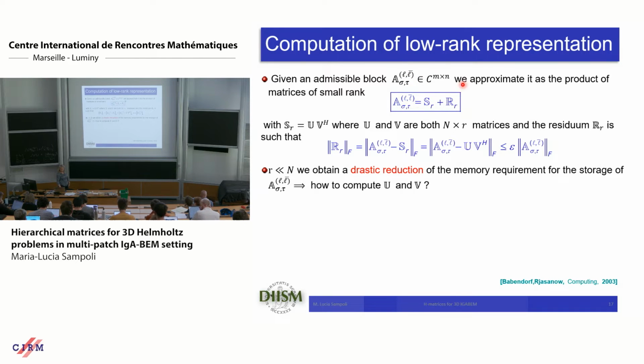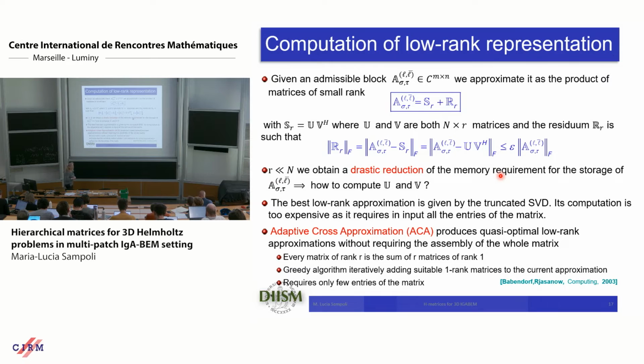This means that it is equal to a matrix given by the product of two matrices of rank R, plus a residuum. The idea is to stop when the residuum is less than a certain threshold.